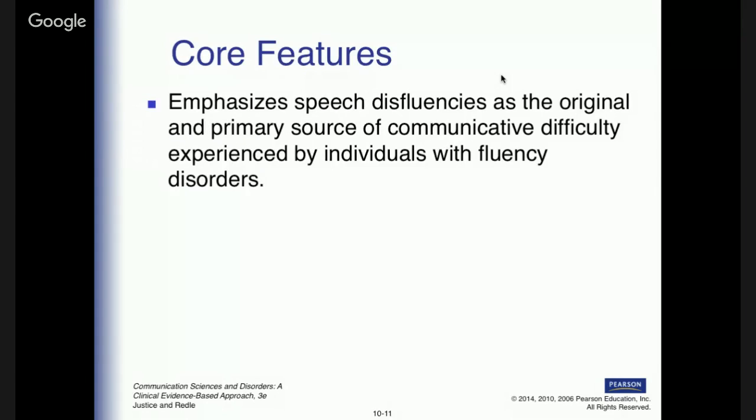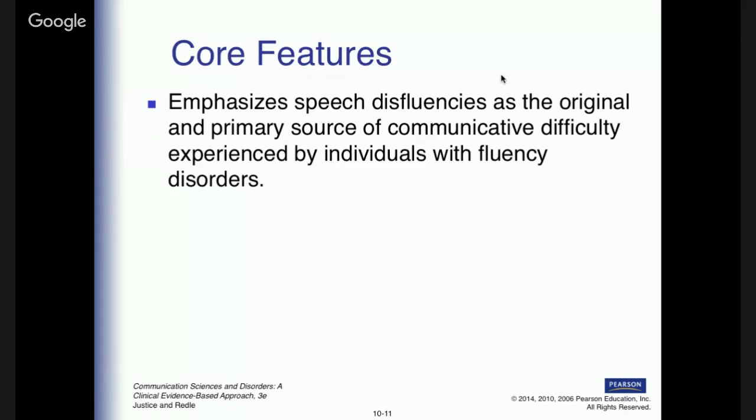So core behaviors, the speech disfluencies, are really the original and primary source of communicative difficulty which people experience. Now, the disfluencies themselves come out as a symptom of some kind of neural glitch, right?